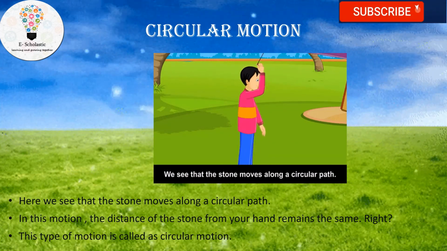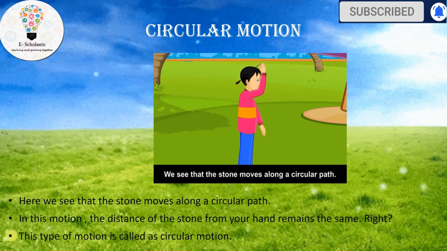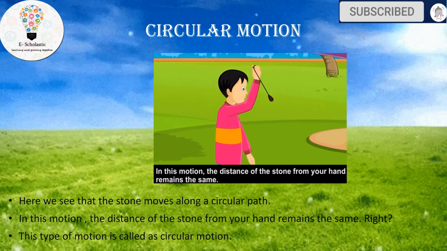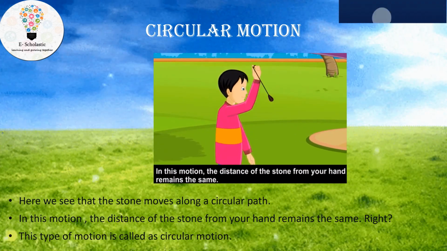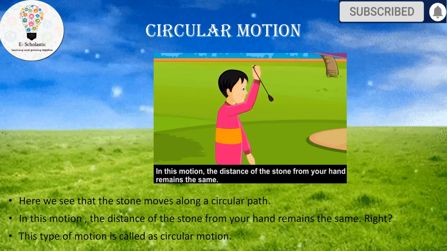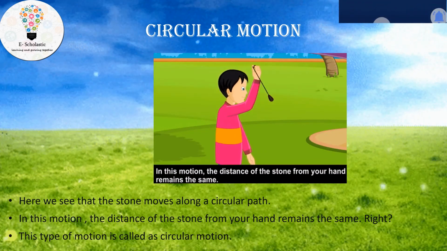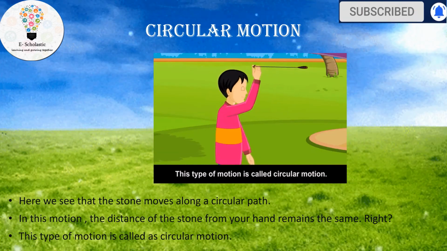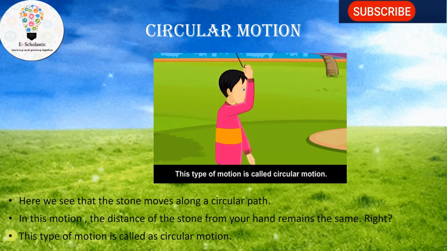So when we tie a stone to a thread and whirl it around over our head, we see that the stone moves along a circular path. In this motion, the distance of the stone from your hand remains the same, right? So this type of motion is called circular motion.